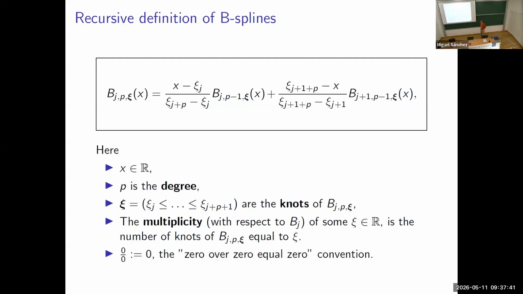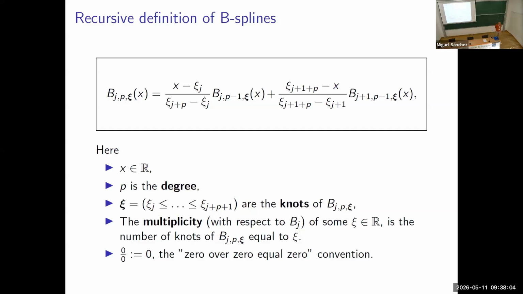Then you say that the multiplicity with respect to Bj of some Xi is the number of knots of Bj which are equal to Xi. Then you have another interesting fact: the denominator can be 0.